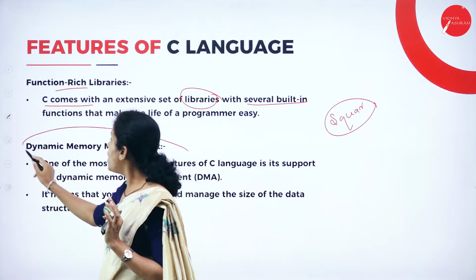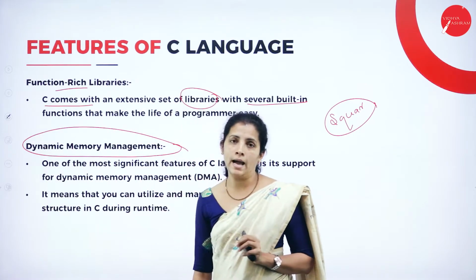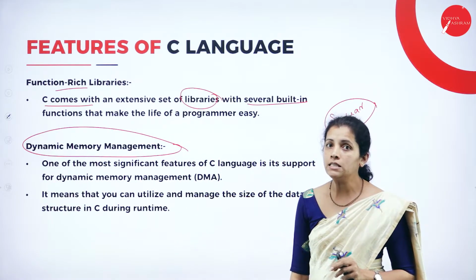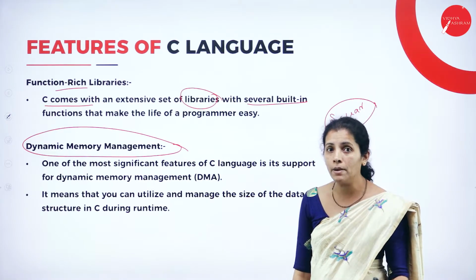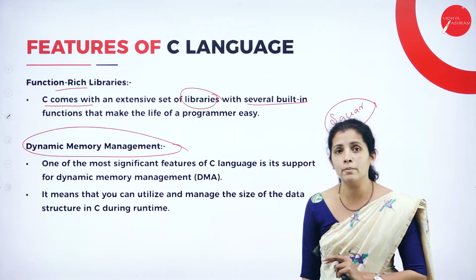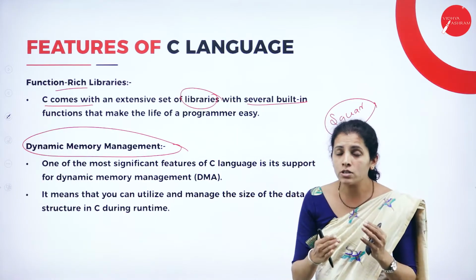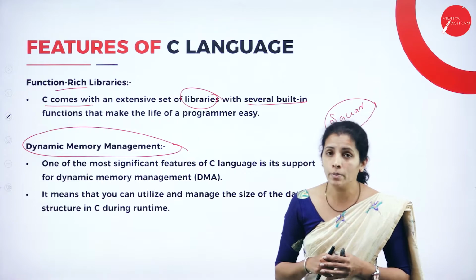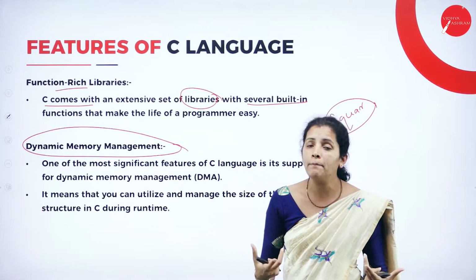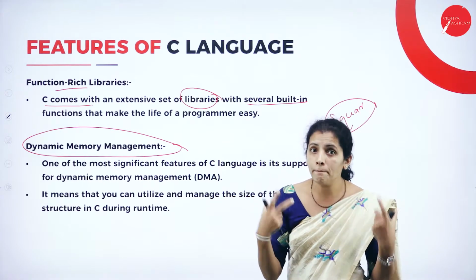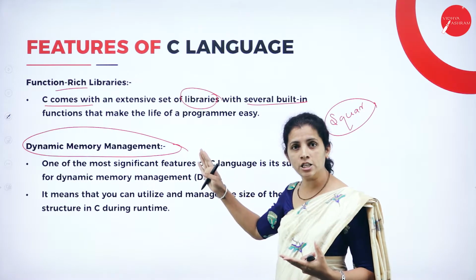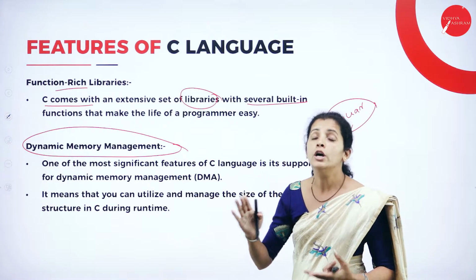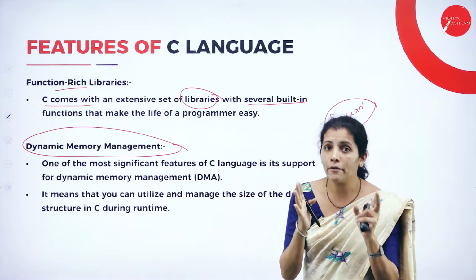And it provides dynamic memory management. If I consider memory management in C, there are two types: static memory management and dynamic memory management. If I go with static memory management, I'm going to waste the memory. But if I go with dynamic memory management, I can utilize the memory effectively.